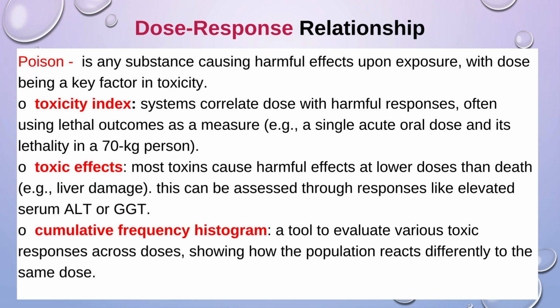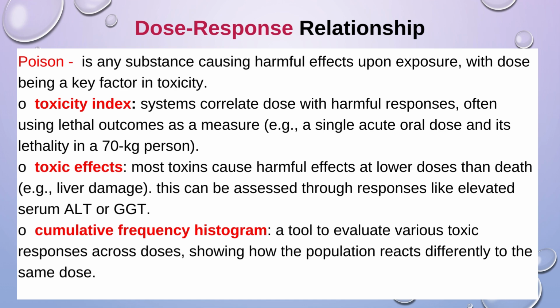The dose-response relationship. First, what is a poison? It is any substance that can lead to harmful effects upon exposure. Always remember that the fundamental law in toxicology is that the dose is always a key factor in toxicity. The dose will always make the poison. The toxicity index correlates doses with harmful responses, often using lethal outcomes as a measure.